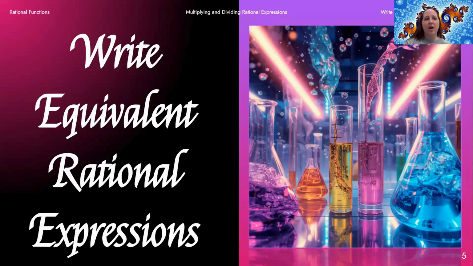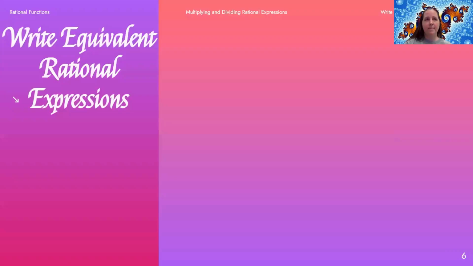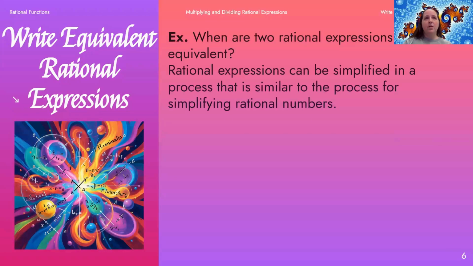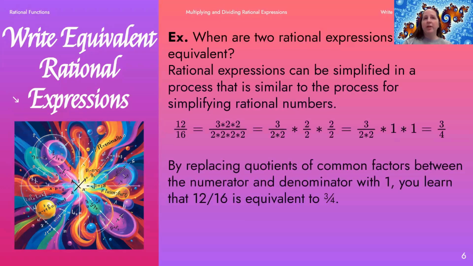Write equivalent rational expressions. When are two rational expressions equivalent? Rational expressions can be simplified in a process that is similar to the process for simplifying rational numbers. So 12 divided by 16, I can rewrite that as 3 times 2 times 2 divided by 2 times 2 times 2 times 2.